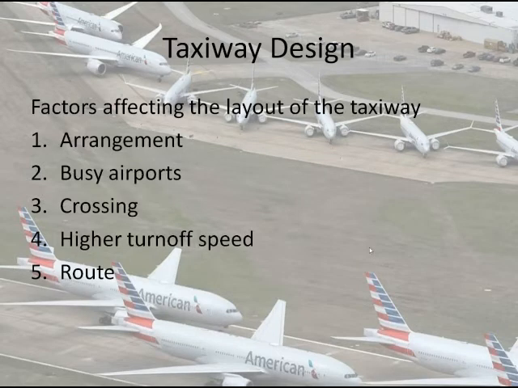The second point is busy airports. It is desirable to locate taxiways at various points along the runway on busy airports. It will then be possible for landing aircraft to leave the runway as early as possible, making it clear for use by other aircraft.